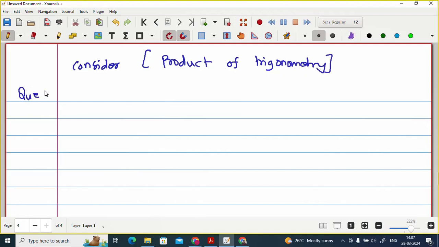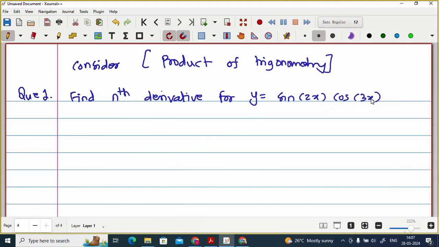So the first question: find the nth derivative for y equal to sin 2x into cos 3x. Okay, so what is our y? It is sin of 2x into cos of 3x.